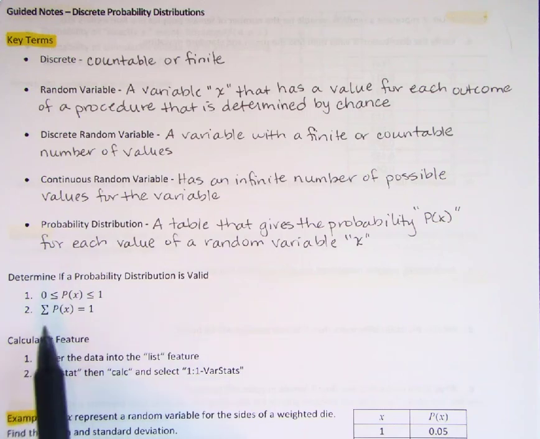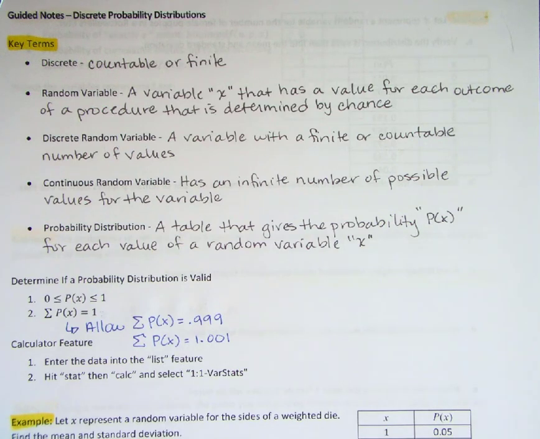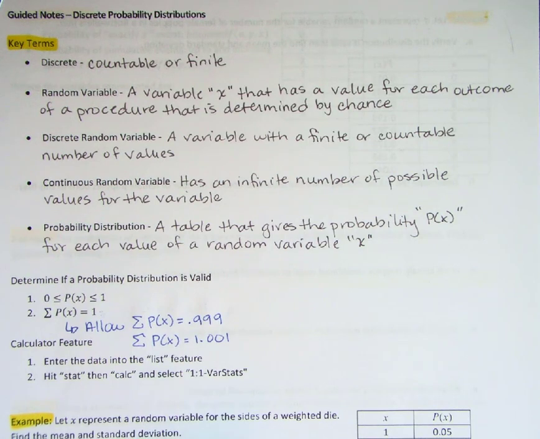The second is that you need to be able to sum, and that's what this bracketed or boxed-off looking E means. It means the sum of all the probabilities is equal to 1. Sometimes, because of rounding rules, a probability distribution will not add up exactly to 1. Because of the way things are rounded in a distribution table, we will also allow the sum of our probabilities to be slightly off, such as 0.999.